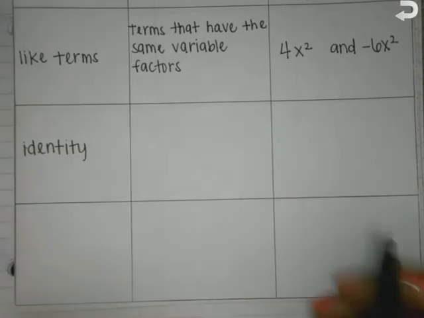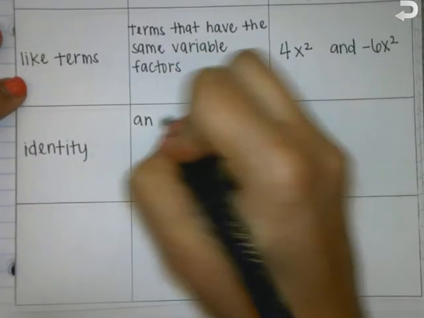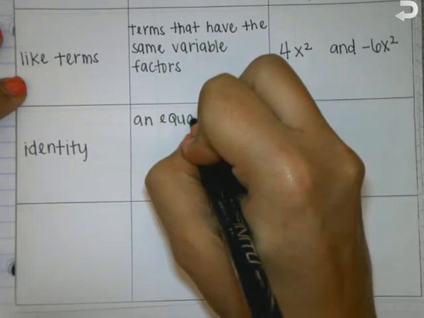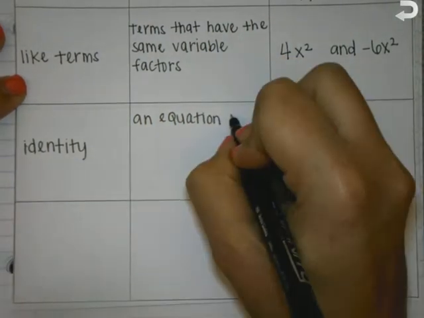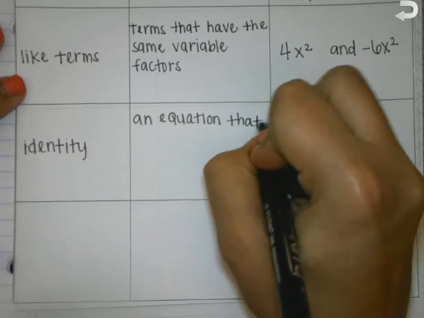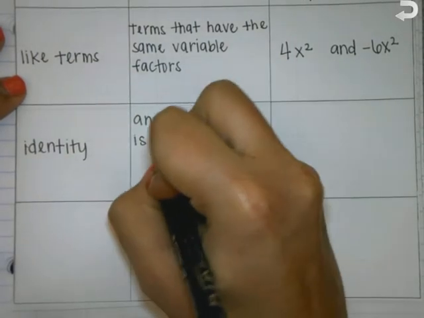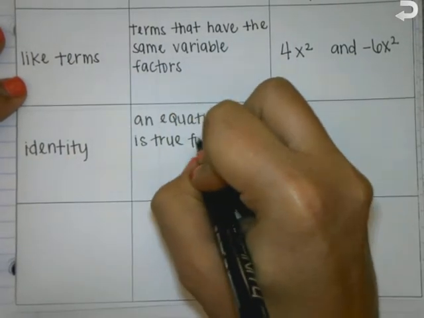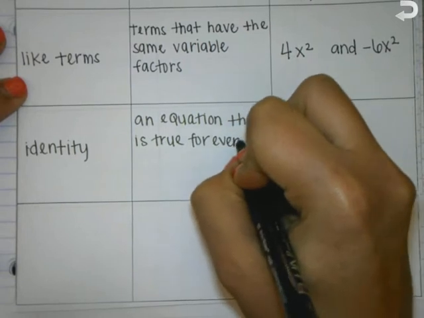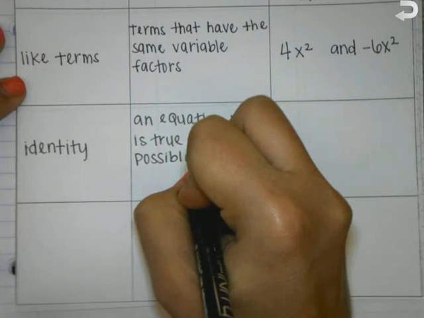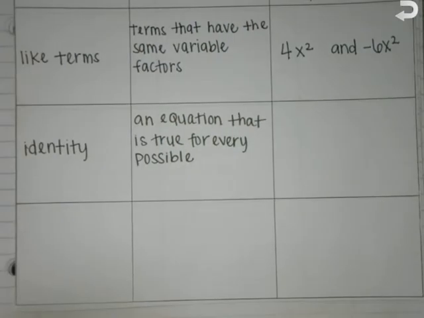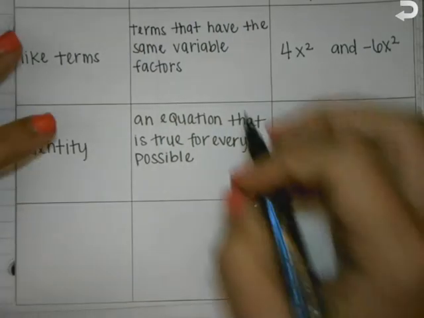An identity is an equation that is true for every possible value of the variable.